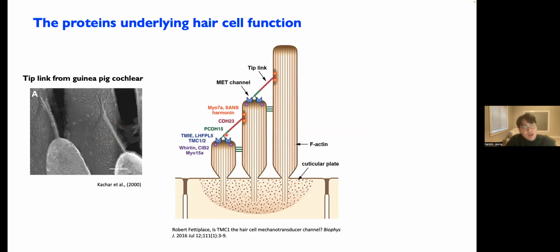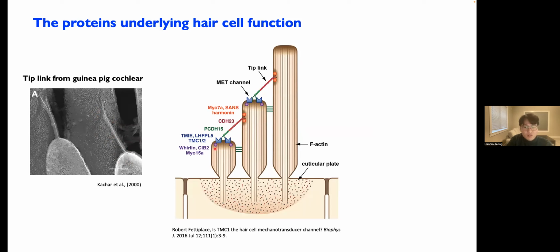There has been a lot of progress in the last few decades in identifying MET channel component proteins such as protocadherin 15 and cadherin 23, which make the tip link, and cadherin 23 is connected with cytoskeleton proteins.